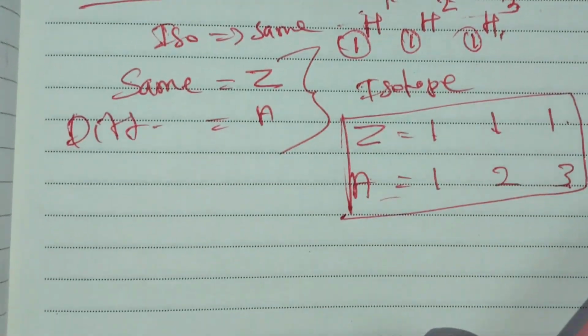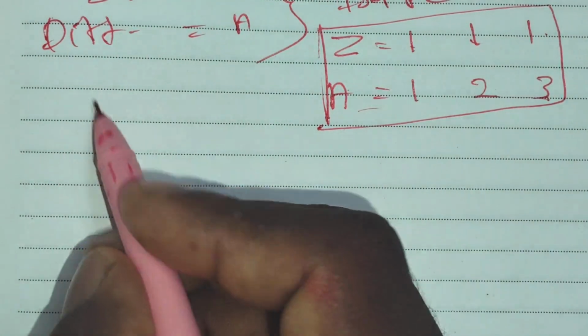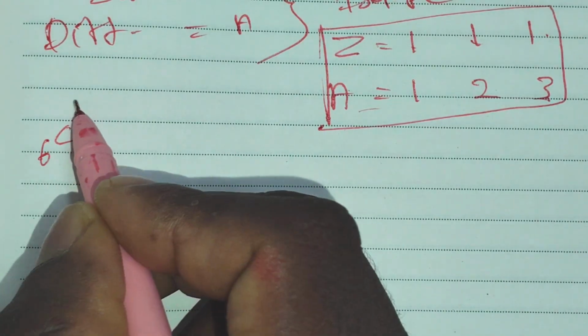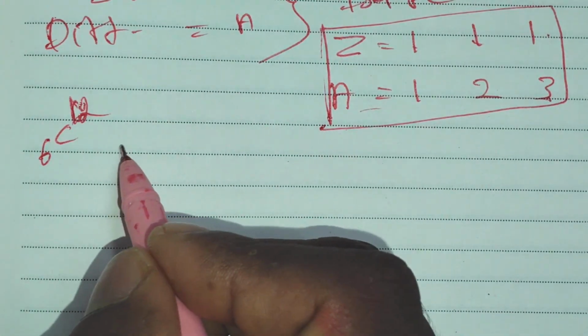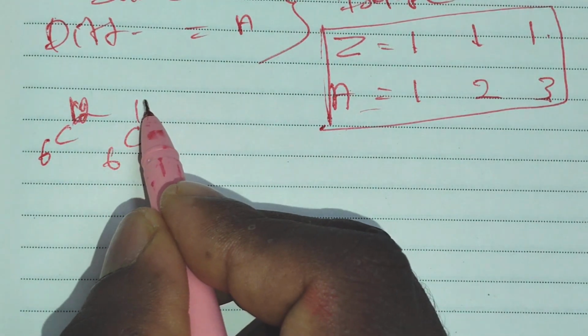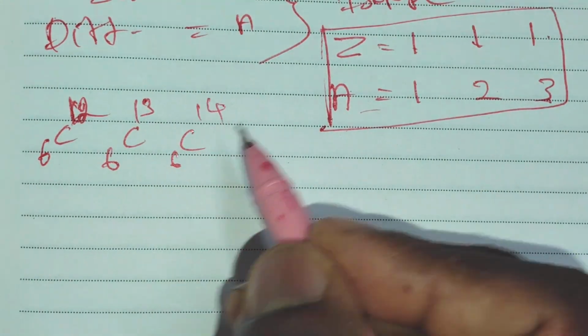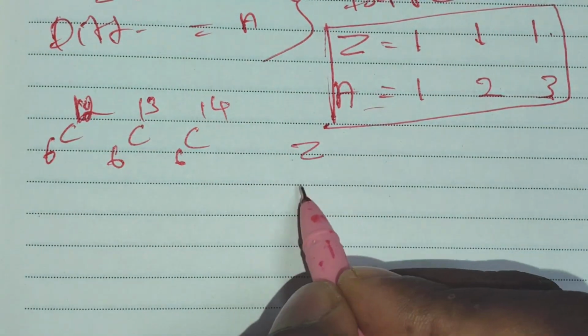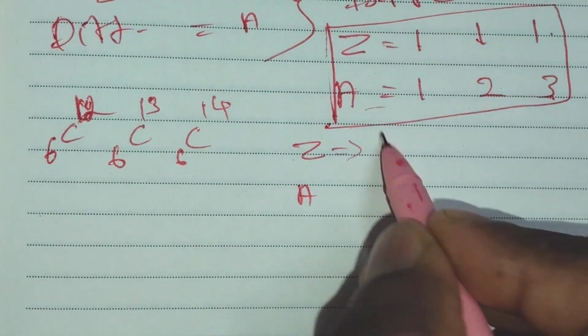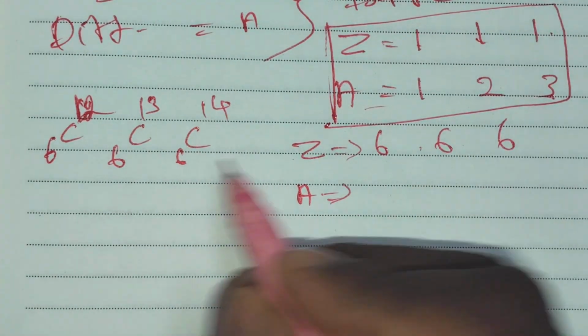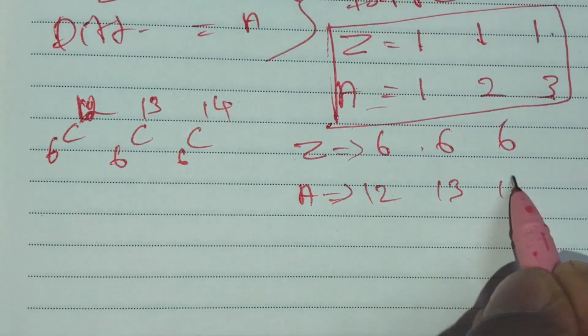Then for example, another category: carbon-12, carbon-13 and carbon-14, with Z and A. The atomic number is 6, and the mass number is 12, 13 and 14.